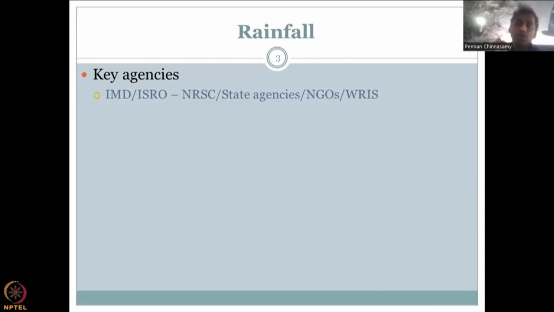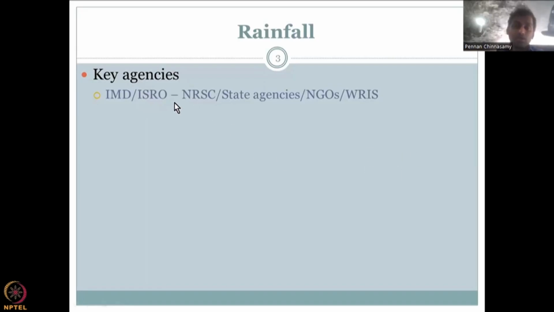Then what happens is, because the location of IMD may not be fully covered, you would include ISRO data. And ISRO data is a satellite data, Indian Space Research Organization. And then you have your state agency. So NRSC is a wing under ISRO, which is responsible for collecting the data and providing it back to the community as a product.